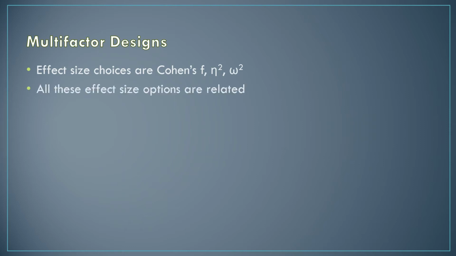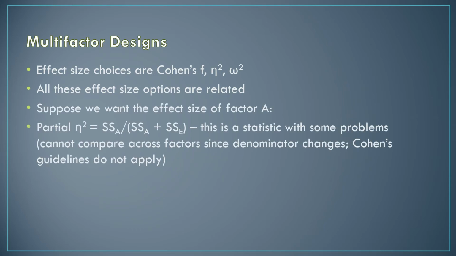So then all of these effect size options are very much related, and you are actually looking at these effect sizes in partial ways, because you want to look at the effect sizes of your main effects and your interactions. Because if you're getting statistical significance, you're getting an F ratio for each one of your factors that's included in your factorial design, and you're getting an F ratio and statistical significance for any interactions that are included in your factorial design.